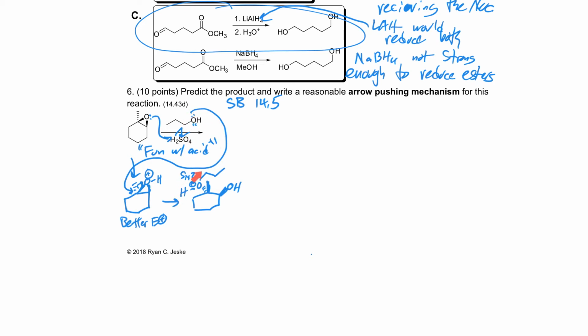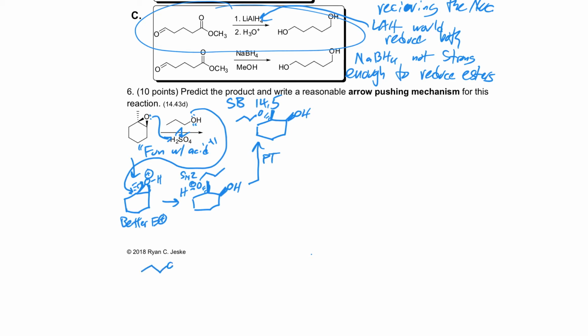So if you've drawn this arrow properly, and this arrow here, you should have an O with 3 bonds to it, including this H. And that means you have one final step before we have our product. This is a proton transfer step, and we could use a couple of bases.